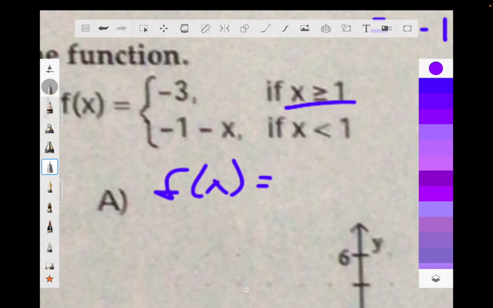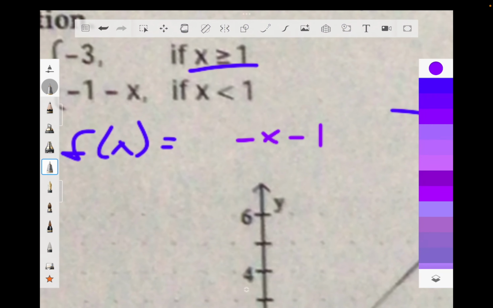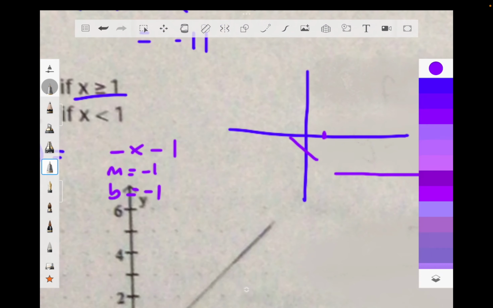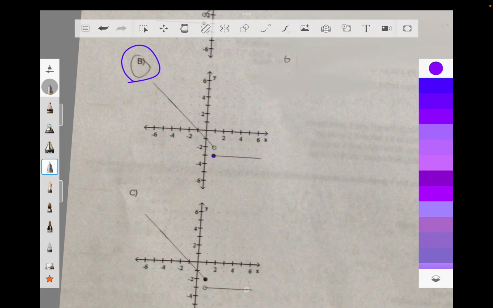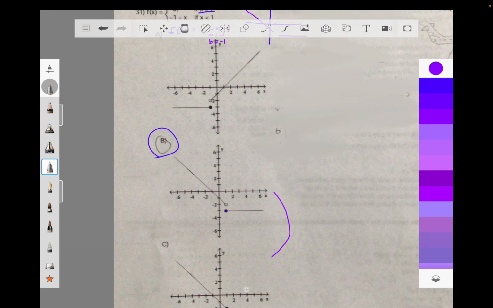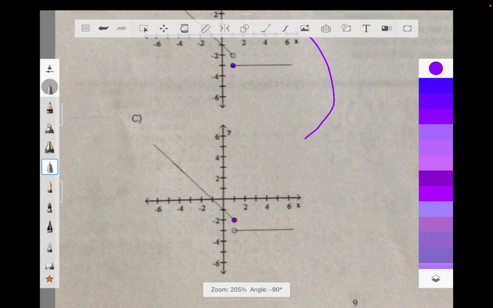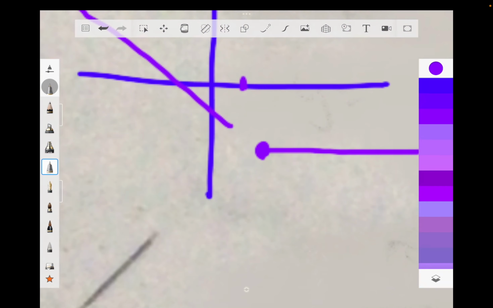Y is equal to -1 minus x, which is y-intercept form for -x minus 1, where m would be -1 and b would be -1, so it'd look something like this, which is again the same thing here and here. The only difference is the black dot. And if there's an underline on this one, then the black dot has to be on this one.